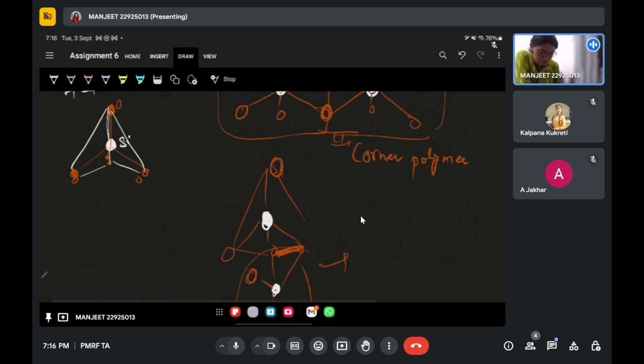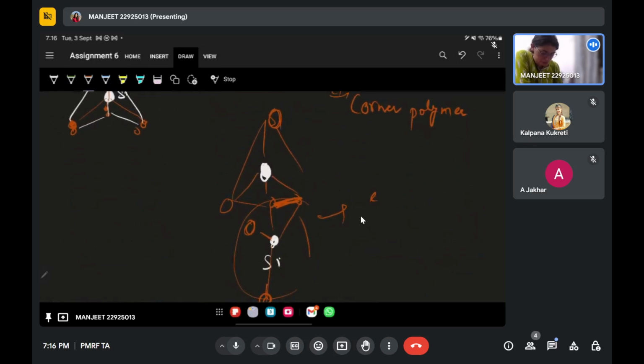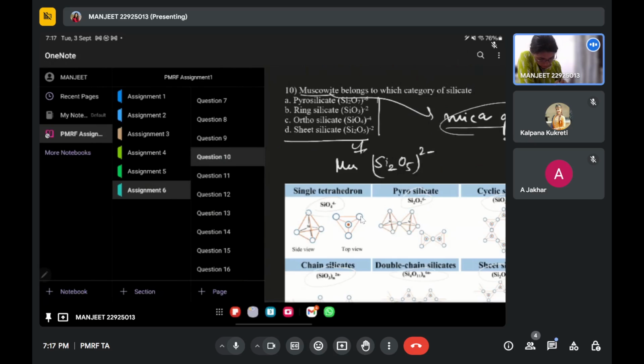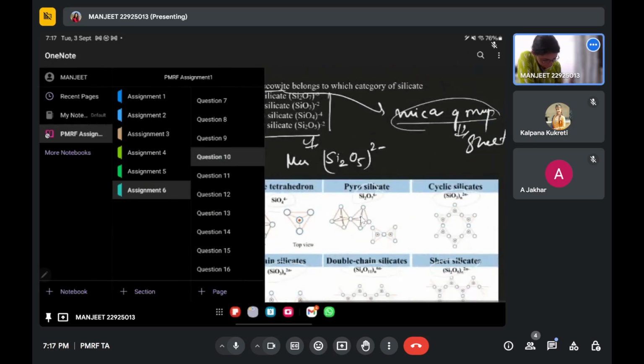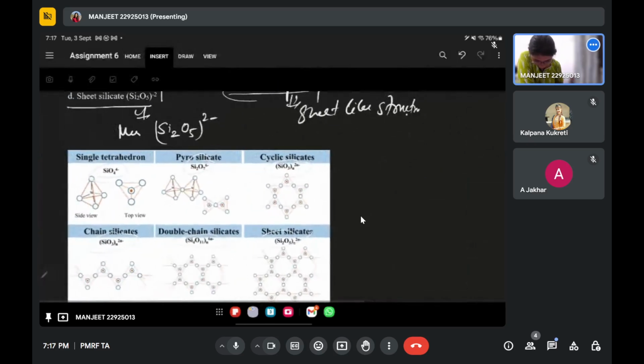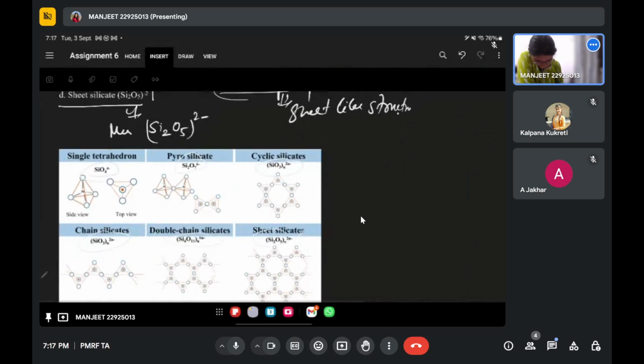This is not the exact drawing, but this edge is shared with another tetrahedra, so two oxygen atoms are shared.